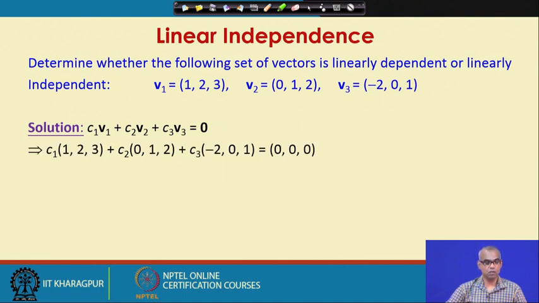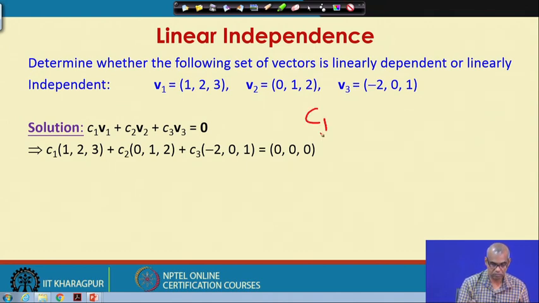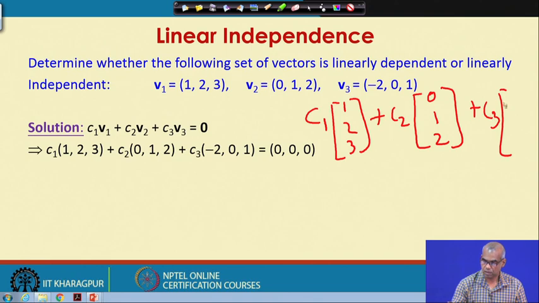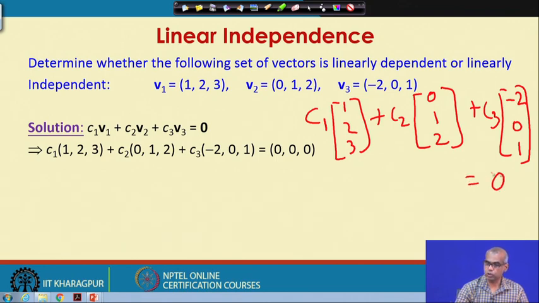So, let us get the sum: C1 (1, 2, 3) plus C2 (0, 1, 2) plus C3 (minus 2, 0, 1), which will be equal to 0.